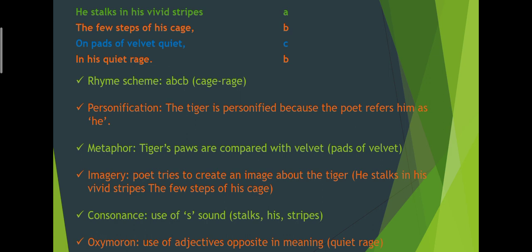These two are opposite words, but the poet used them to tell that the tiger is very angry because it was kept in the cage, but it could not show his anger because he cannot show his strength since he was in the cage. So inside it is angry, but outside it is trying to show that it is very calm and walking. So this is called another technique, oxymoron.